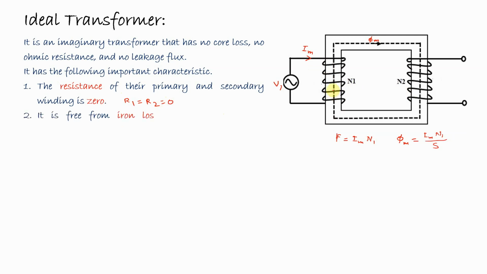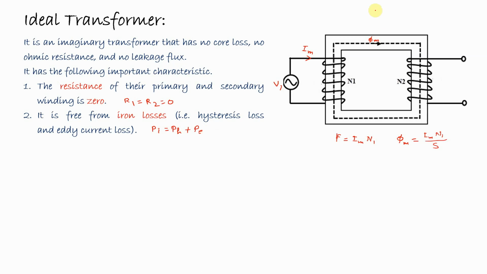The second point is that it is free from iron losses. The iron loss is basically the combination of hysteresis loss and eddy current loss. It is the sum of hysteresis loss and eddy current loss. These two losses are basically created because of the alternating flux flowing through a high permeability material.